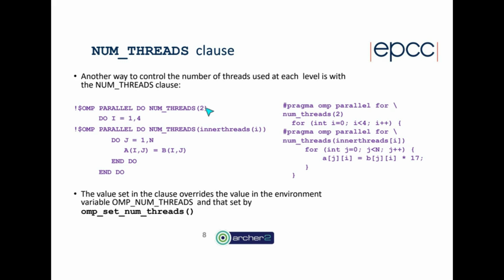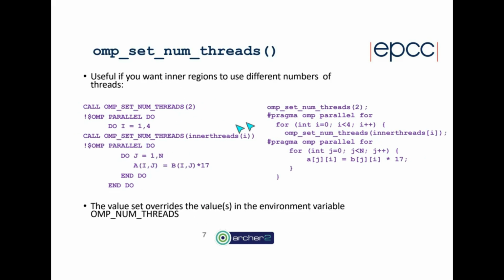On the other hand, if you've got code with hundreds of parallel regions in it, then maybe you don't want to use it on all of them. So in that case, the previous way, the OMP set num threads mechanism, would be nice because you only need to call this once, and it doesn't have to be in the same program unit. It could be in some function that gets called in the initialization phase somewhere, for example.